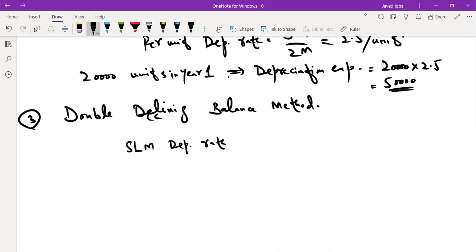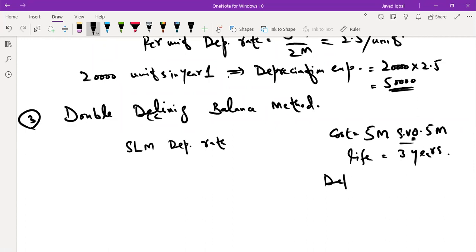For example, you're taking the same 5 million with a salvage value of 0.5 million, and life is 3 years, right?